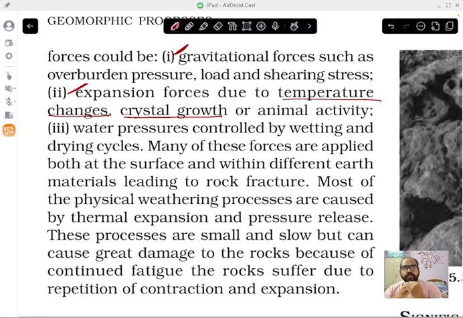So, due to this continuous high temperature and low temperature, the rocks or the earth materials present in that region get expanded and contracted. Due to this continuous expansion and contraction, cracks are developed and the layers of the rock get stripped off. So this is expansion due to temperature changes.